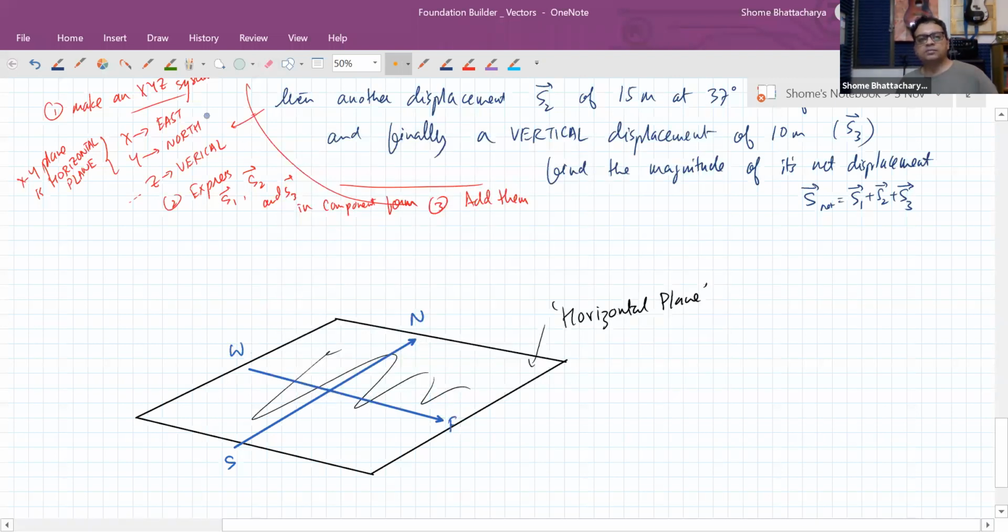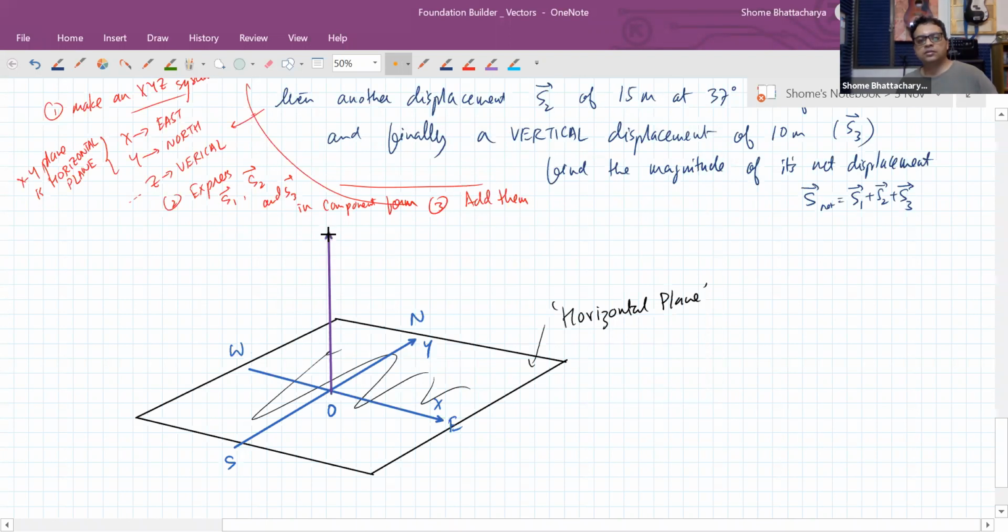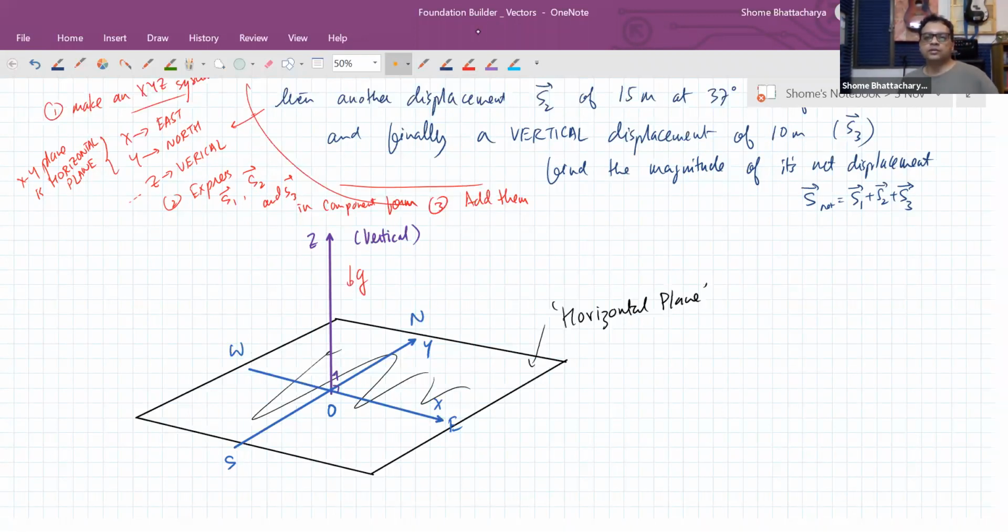Okay. And in comparison to this now, this will become our vertical axis. So this will become our z-axis, which is vertical. So vertical means it is perpendicular to the horizontal plane, or another easy way to understand vertical is its opposite gravity. Okay. This is your acceleration due to gravity. So this is how our system of coordinates should look like.